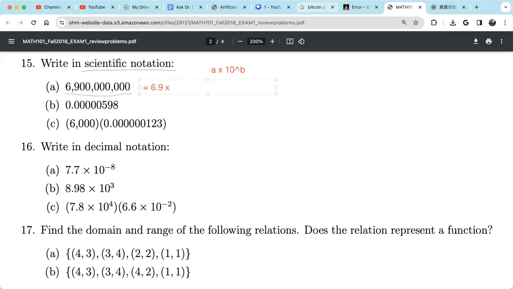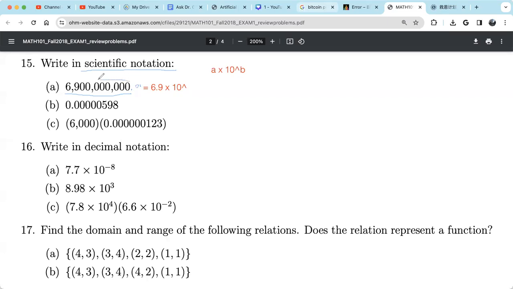6.9 multiplied by 10 raised by, so if we put decimal point here, before we move, the decimal point is here, right? And we can add zeros here. Because we pick 6.9, we have moved the decimal how many places? 1, 2, 3, 6, 9 places, right?